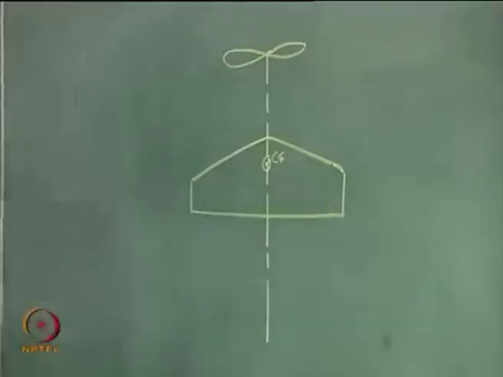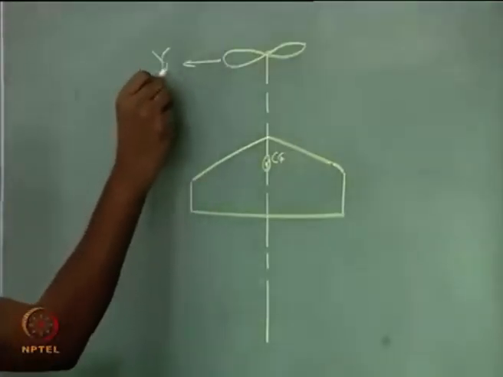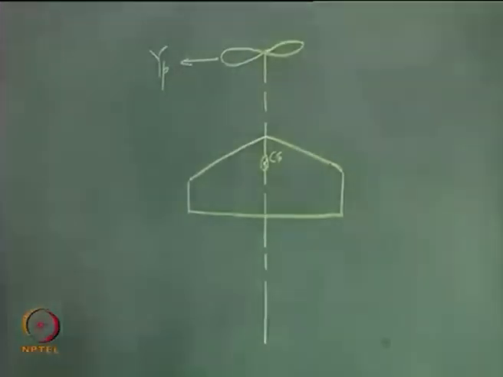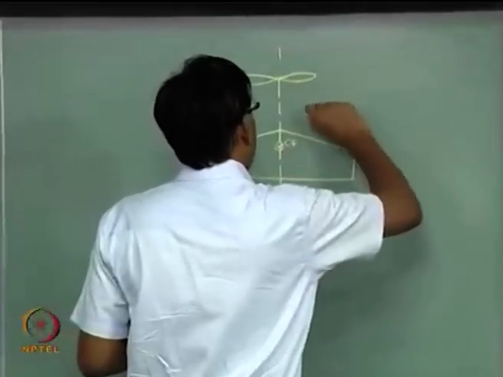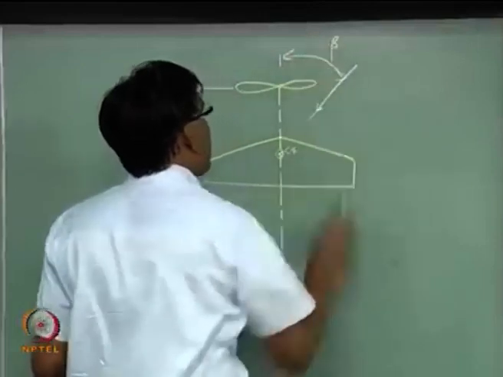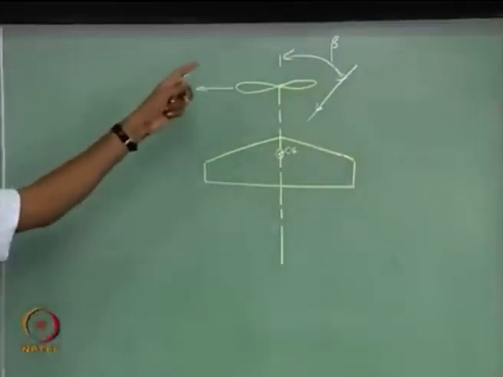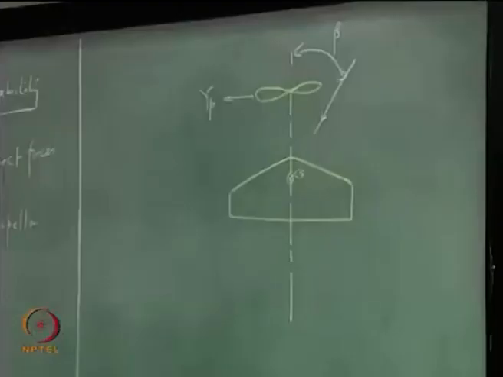So, let us say the propeller is rotating, right, and there is an unbalanced force because of this propeller, which is in the negative y direction, right. This force can be because of this side slip angle, right.